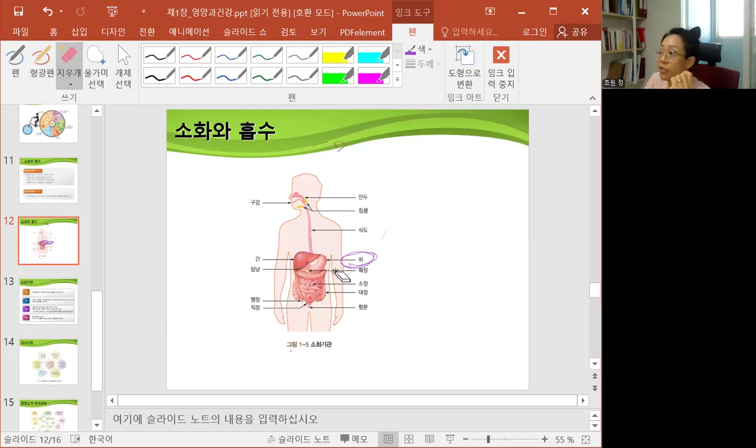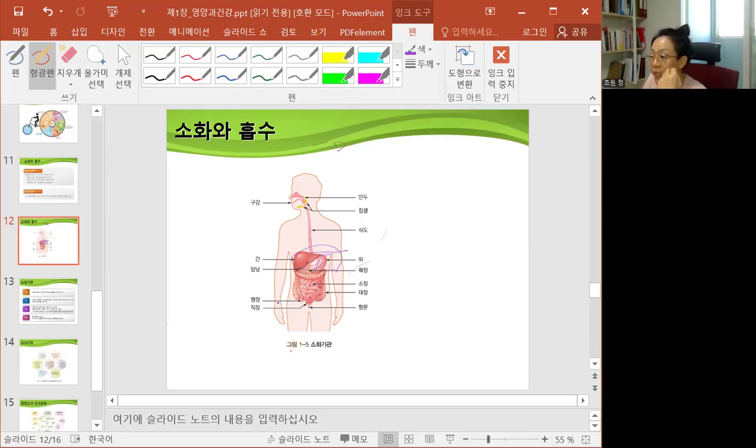Repeat, look at the picture. The stomach is J shape, okay? A J-shaped bag located on the left side of the abdomen.